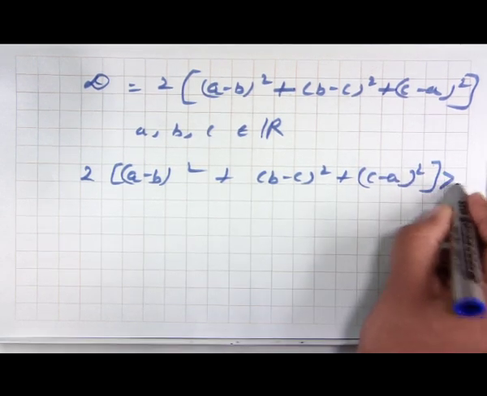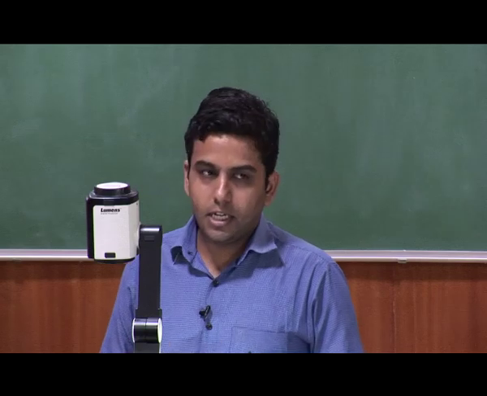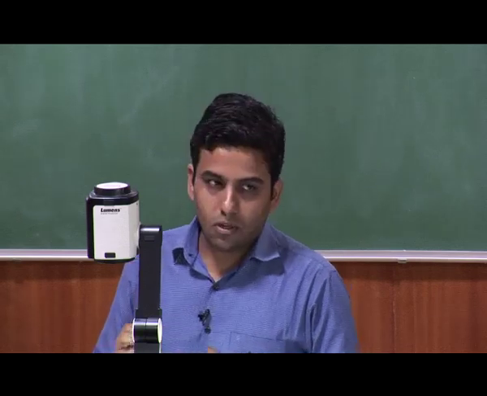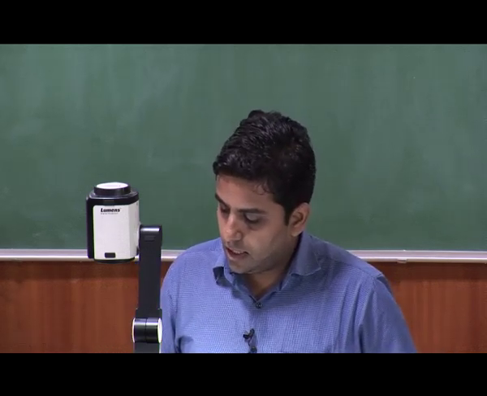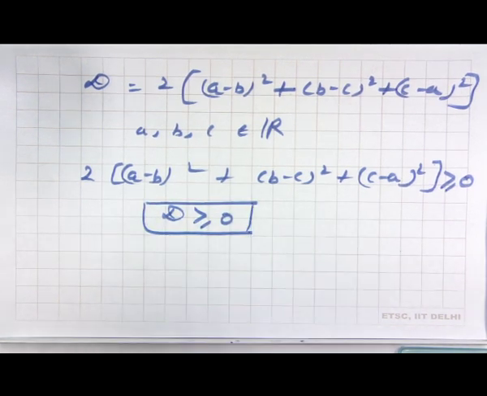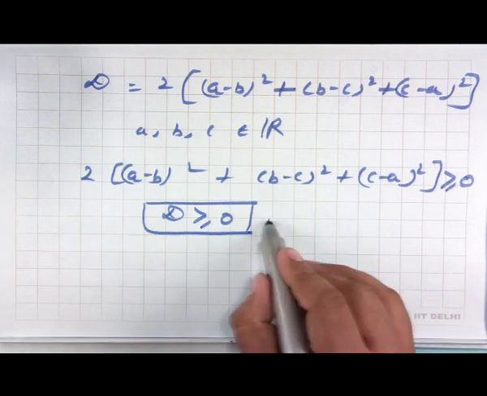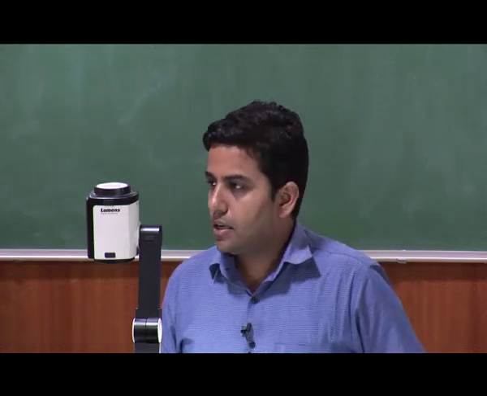is greater than or equals to 0. For any value of abc, it must be greater than or equal to 0. This is d, d is greater than or equals to 0. This will be the condition when discriminant will be either 0 or greater than 0, and discriminant greater than or equals to 0 means in both the cases where the discriminant is 0 or greater than 0, the roots will be real.